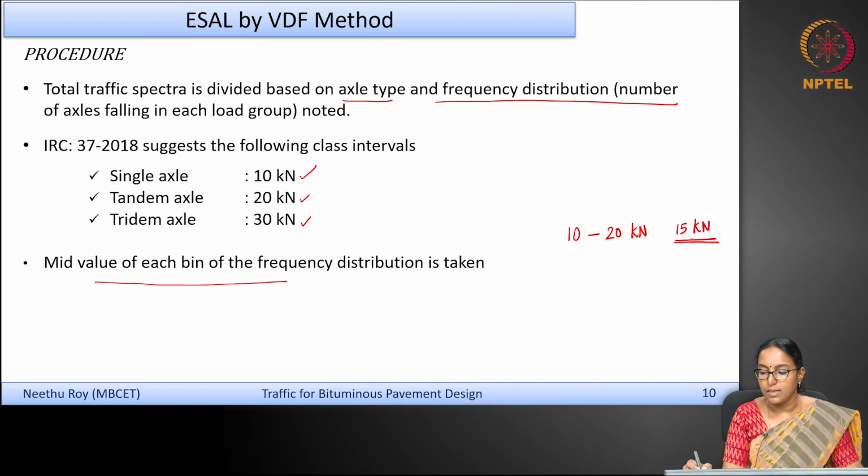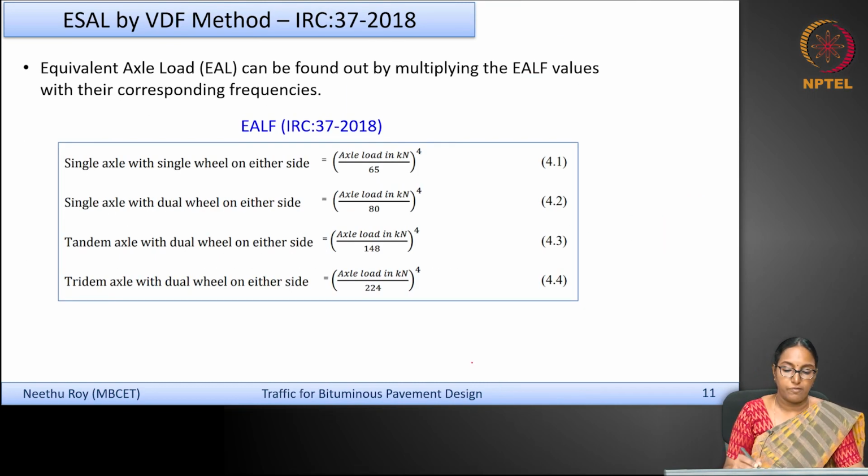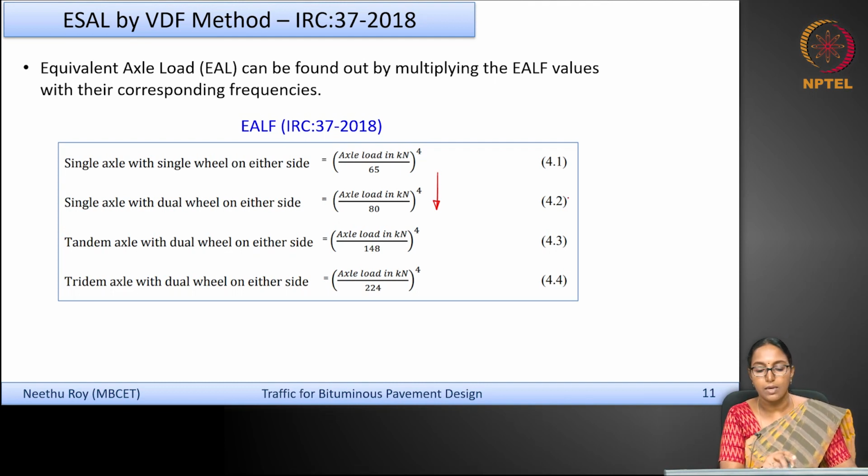So if 15 kilonewton is the mid value of that particular group, you find out its EALF using the equivalency factor expressions given in IRC 37. For example, if it is a single axle dual wheel, the given axle load, which is 15 kilonewton, divided by 80, raised to 4. That will give you the EALF factor.